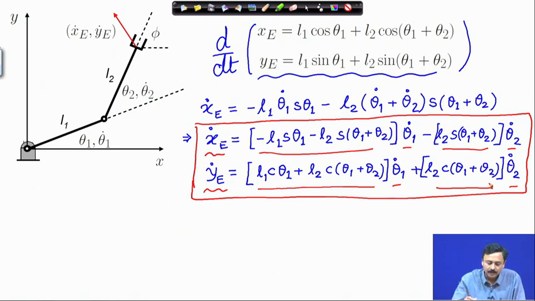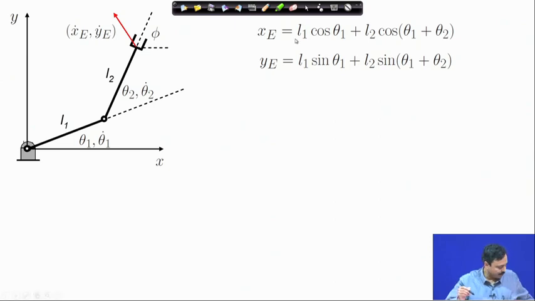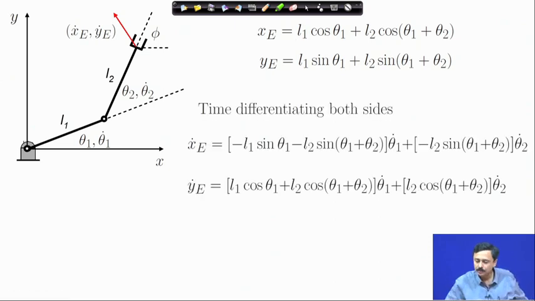And it also involves the link lengths L 1 and L 2. Let me formally show you these relations. When I do this time differentiation, finally, I obtain these two relations which I have shown you.